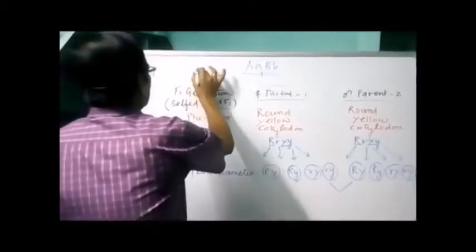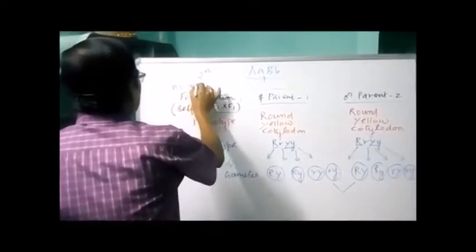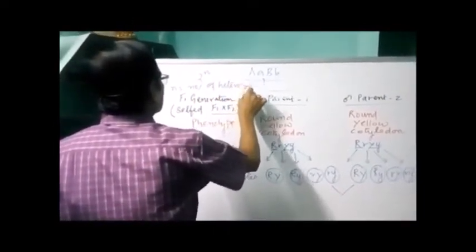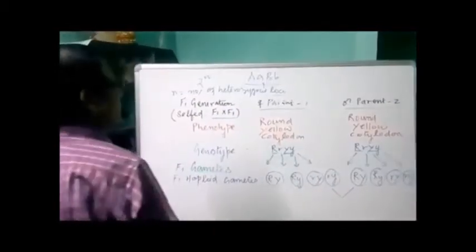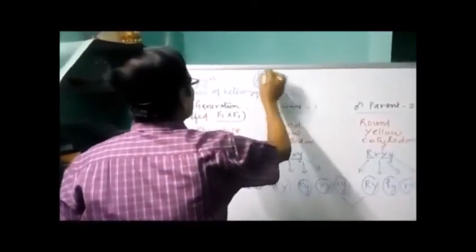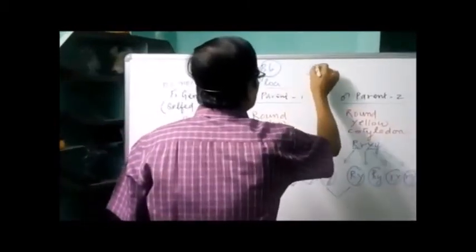The number of gametes produced, we have a formula, 2 power n, where n is equal to the number of heterozygous loci. Here, this is one heterozygous locus and this is another heterozygous locus. So 2 power n is equal to 2 power 2, we are getting 4 gametes.